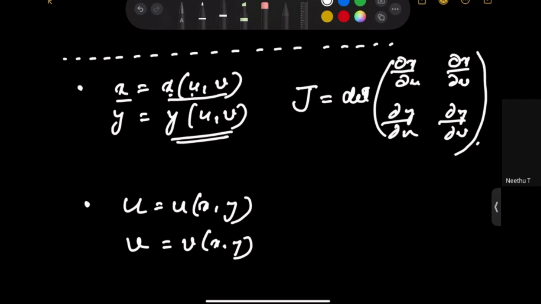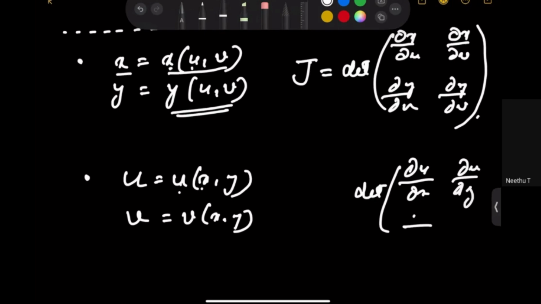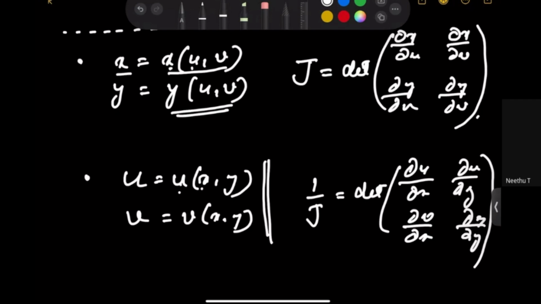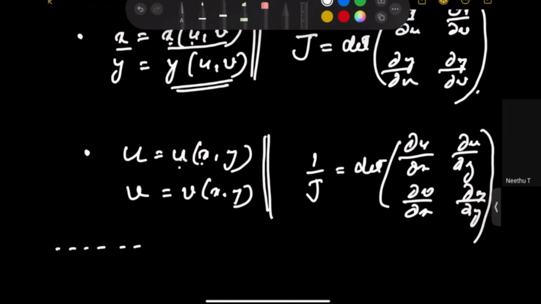In that case, you find the determinant of del u del x, del u del y, del v del x, del v del y, and you replace it not by J but rather by 1 by J. That is what we covered in the last session. Is it clear, guys?